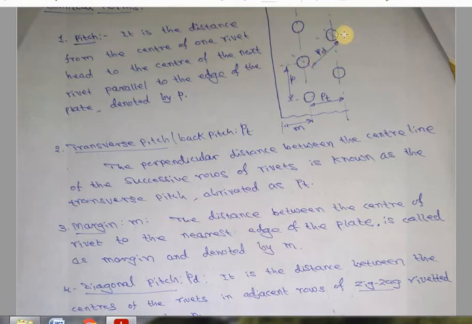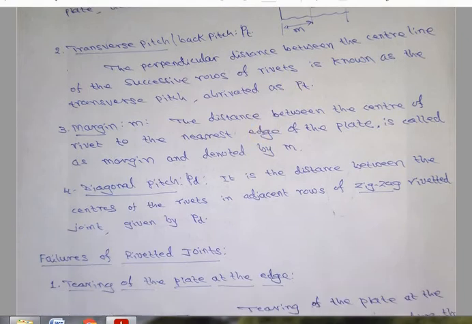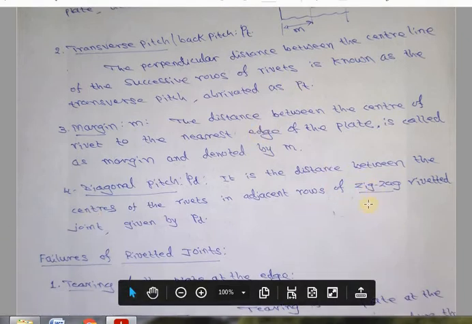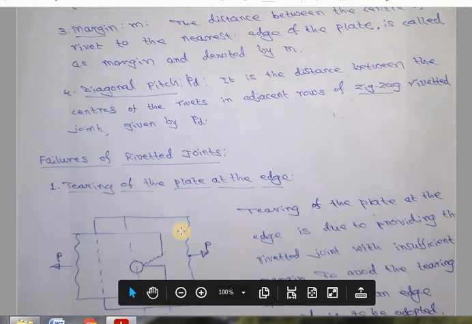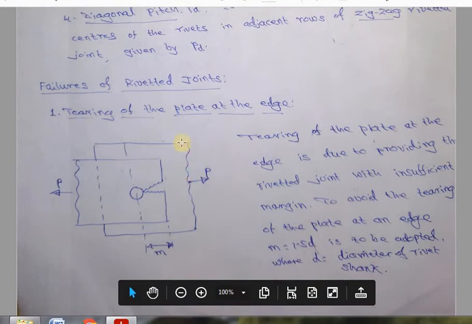If the rivets are in staggered positions, we call it a staggered arrangement, otherwise called a zigzag arrangement. The distance between the centers of the rivets in adjacent rows of a zigzag riveted joint is given by PD.